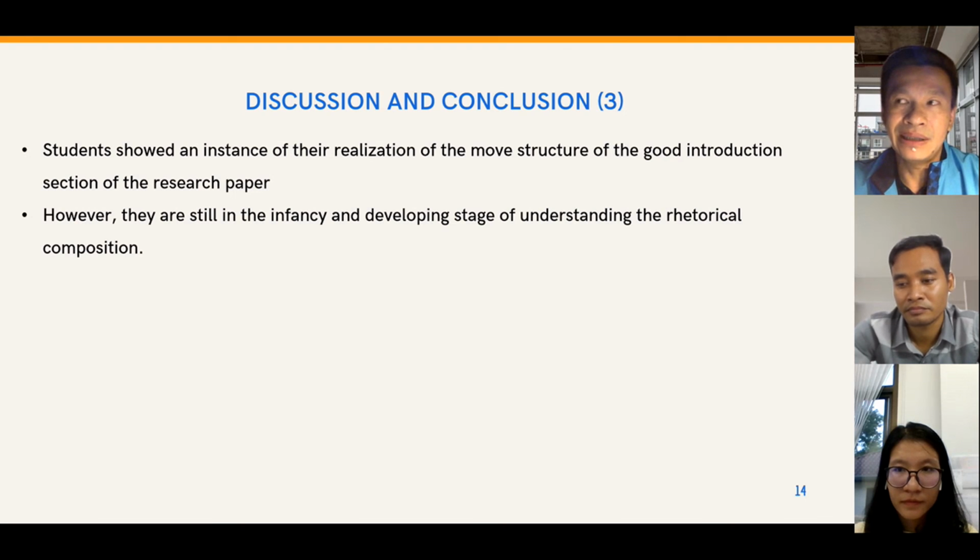But many of the errors were also found among 5 of 17 papers, as shown by the statistics. So this is really crucial for understanding our own context, especially our students, who are at the infancy stage, even though they have a good framework for writing a good introduction following the three-move structure.